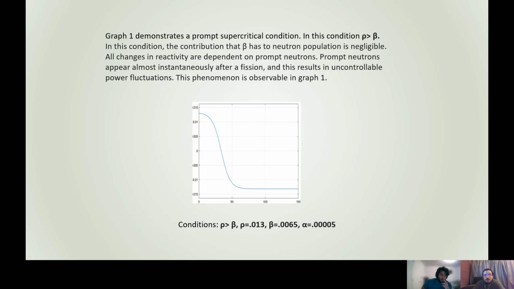The prompt neutrons appear in the reactor very quickly, and without the delayed neutrons to slow down that appearance, you get a very quick change in reactivity, which we can see here by the relatively steep curve of the graph.